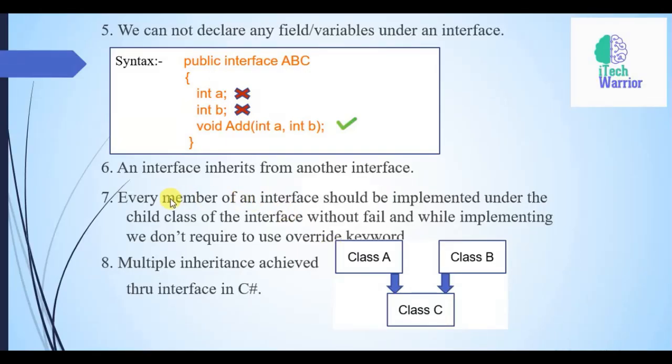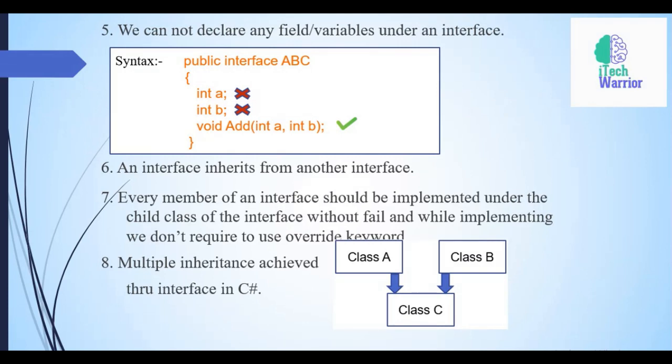In the seventh point, every member of an interface should be implemented in the child class of the interface without fail. And while implementing, we don't require to use the override keyword. Yes. So every member declared under the interface is implemented in the child class without fail. And we don't require to use the override keyword here because all the members of an interface are by default abstract.